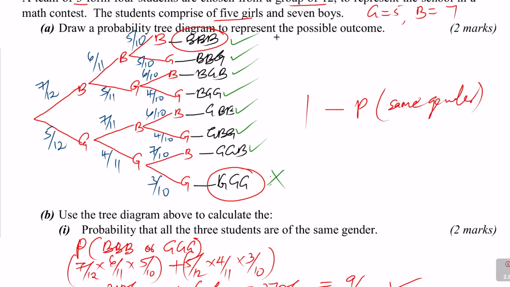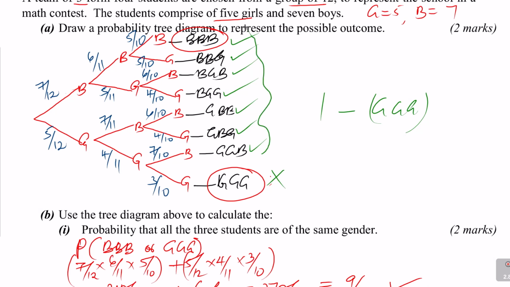So the easiest way to work out this is by simply taking 1 subtract the probability of getting the 3 girls. Whatever remains is this here. That is what you're going to have.